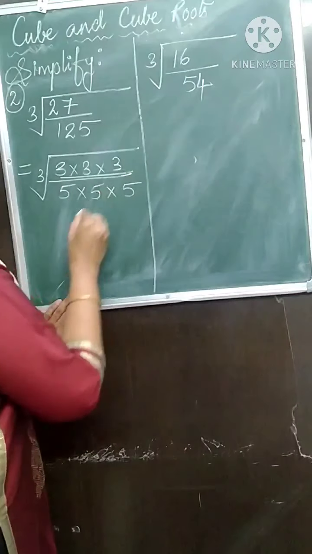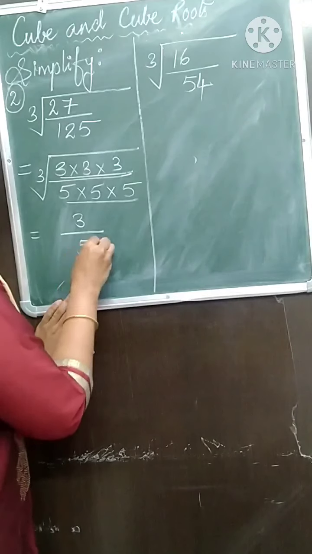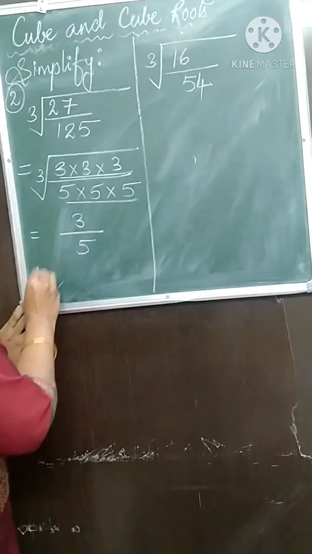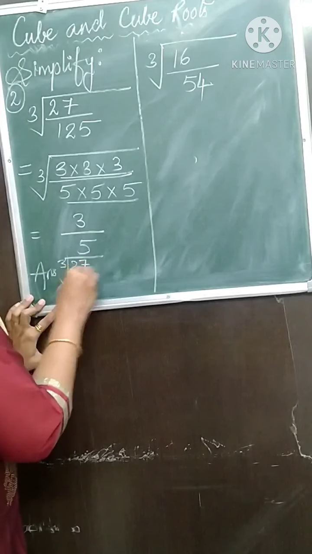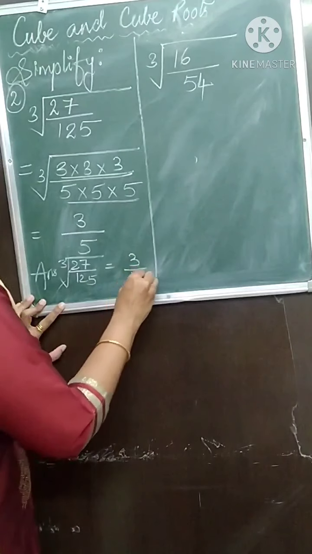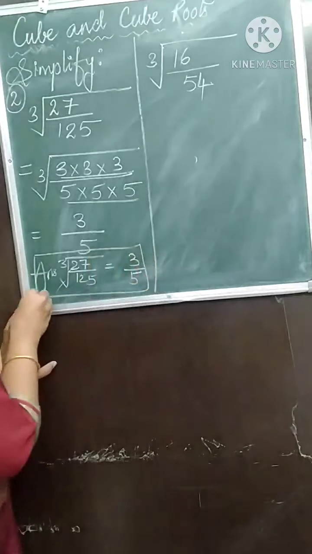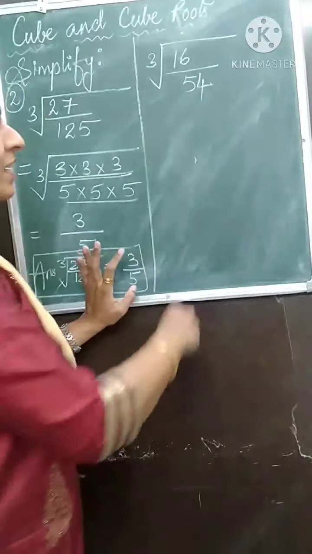Now from the numerator 1 three will come out, from the denominator 1 five will come out. So what is the answer? Cube root of 27 upon 125 is equal to 3 upon 5. Easy?